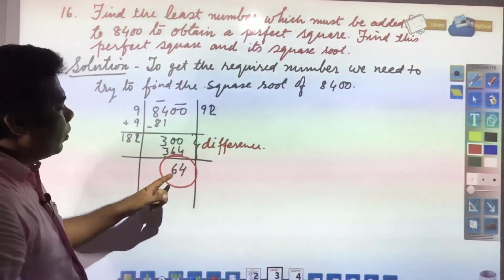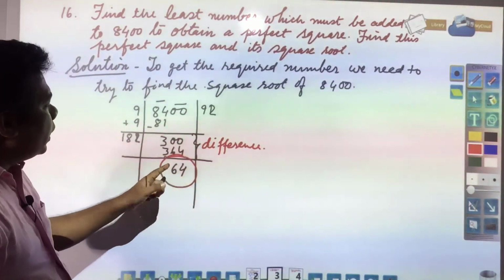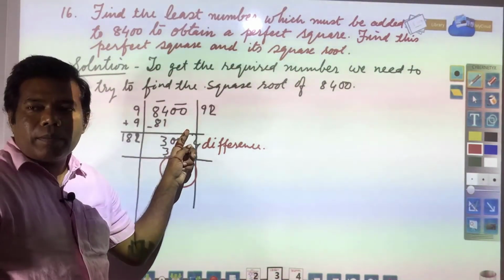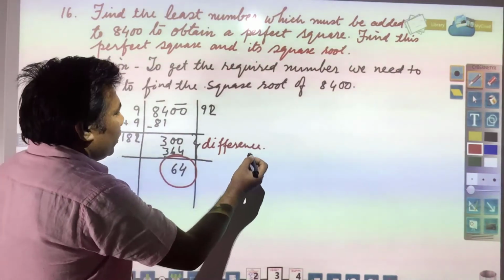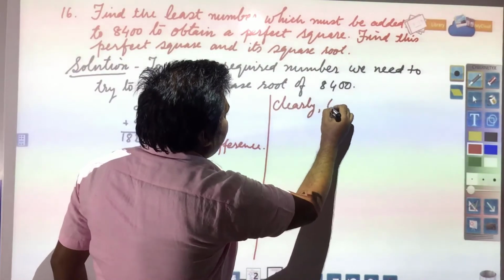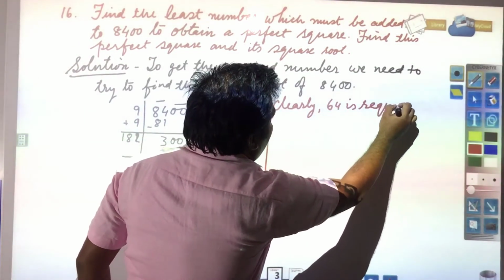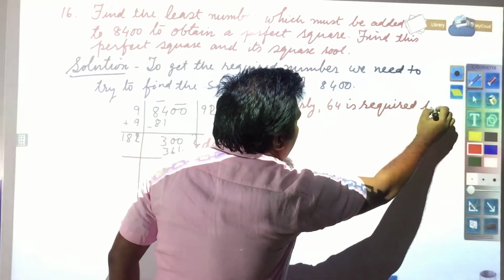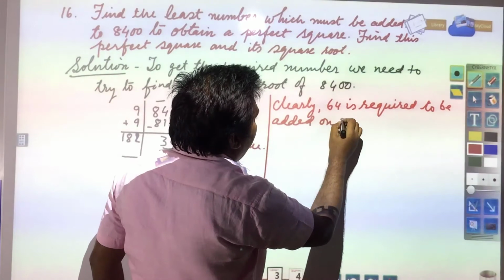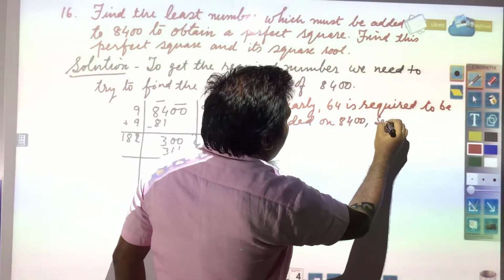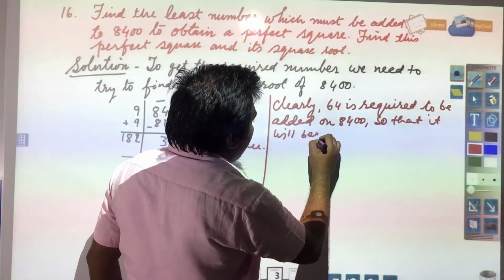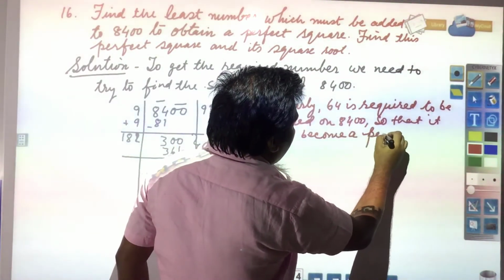Difference is 64. So 64 is required to be added on this number so that it will become a perfect square. So here you see what you will write clearly: 64 is required to be added on 8400 so that it will become a perfect square.